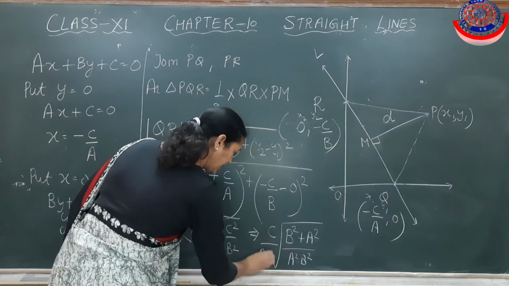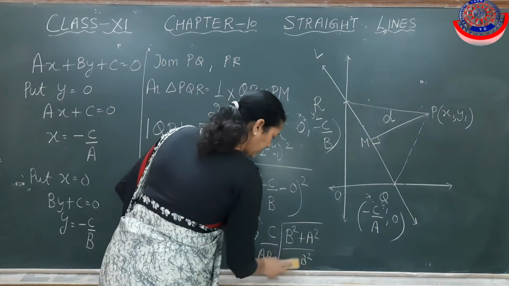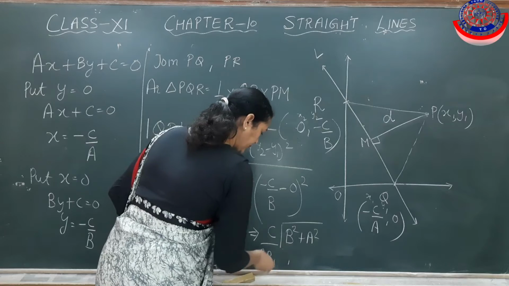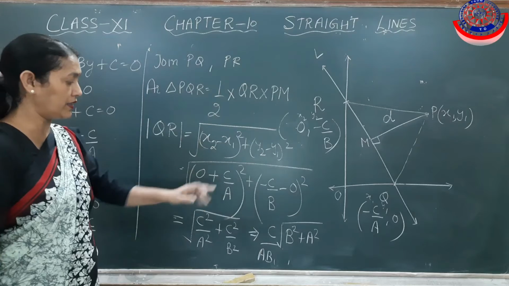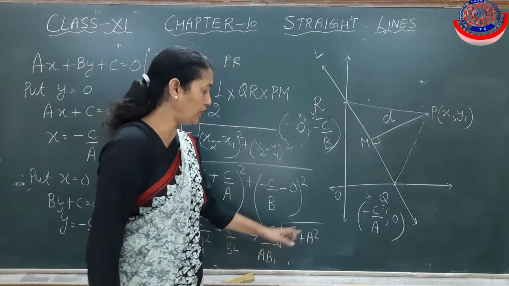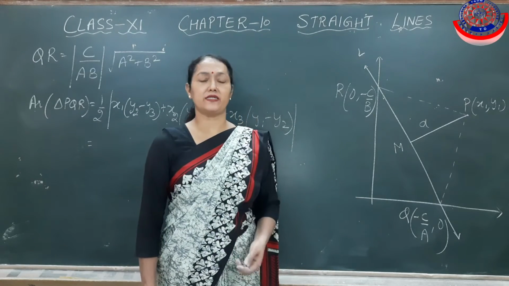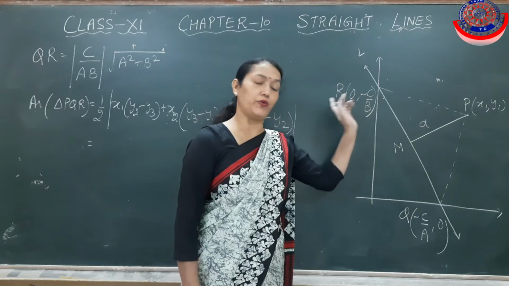So we have obtained c upon ab. So this thing will be obtained. So QR distance, that is the base of the triangle, its value is c/(ab) into under root a square plus b square. After finding the value of base QR, let us find out the area of triangle PQR.